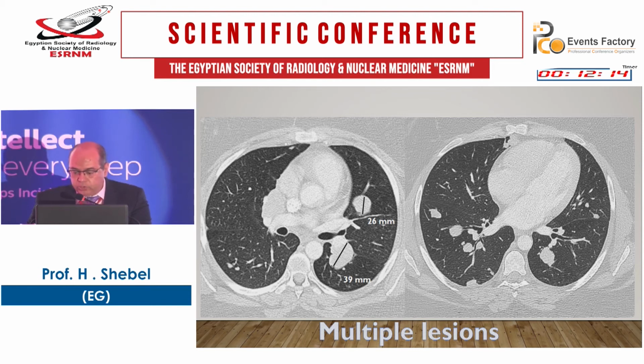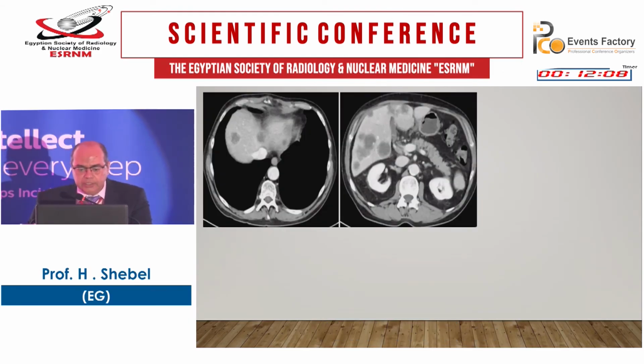So be careful, try to avoid peripheral lesions and neighboring lesions. This is an example of multiple hepatic lesions. In this case, I will not choose those 2 lesions because they are very close and will almost coalesce with each other. Also, they are peripheral here and here, so I will try to avoid them as much as I can.